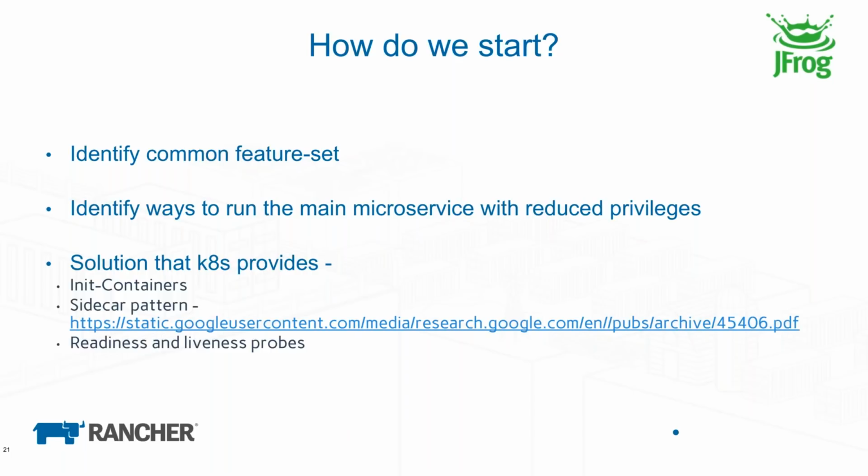We have initialization containers that can do a lot of the things that require elevated privileges. We have a sidecar pattern to start abstracting out services. Kubernetes itself provides a lot of the basic application monitoring tools that you need, so you don't need to include them inside your application.